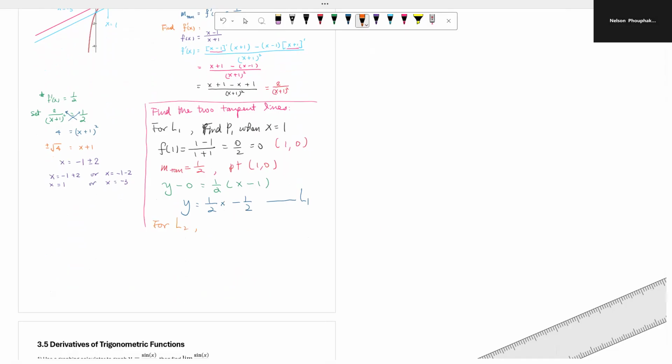For L sub 2, we would like to find P sub 2 when x equals -3. So f of -3 is equal to -3 minus 1 over -3 plus 1.